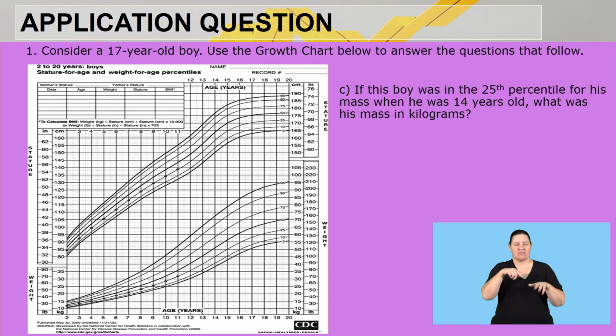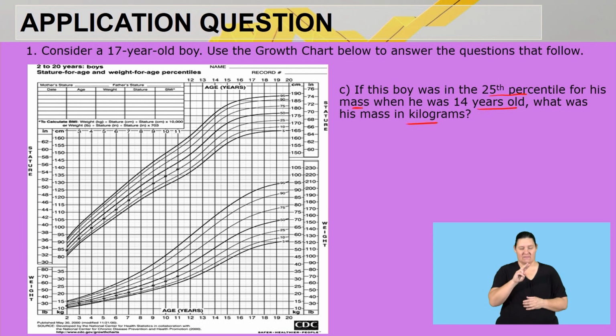It says here, consider 17-year-old boy, still the same scenario. Right, we are looking at the growth chart. Now we are saying, question 1C, if this boy was in the 25th percentile for his mass, remember kilograms now, when he was 14 years old, what was his mass in kilograms? Okay, so what are we looking at?